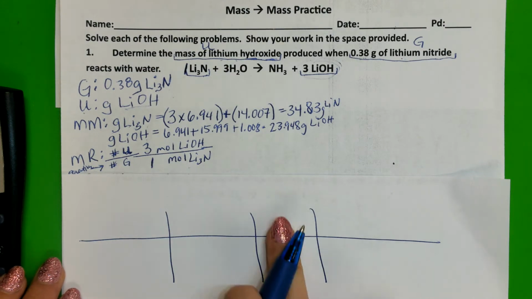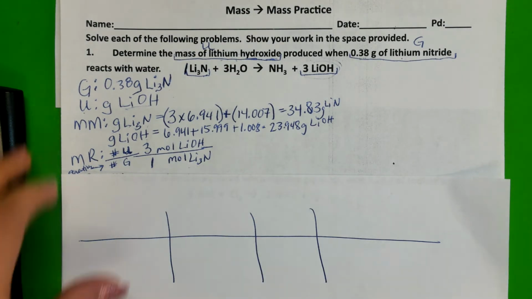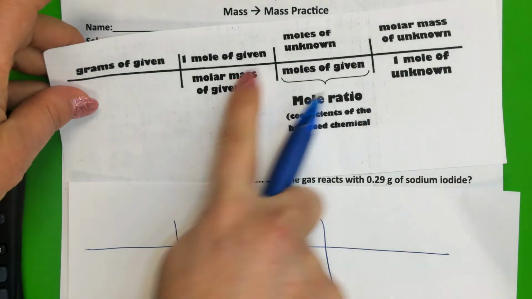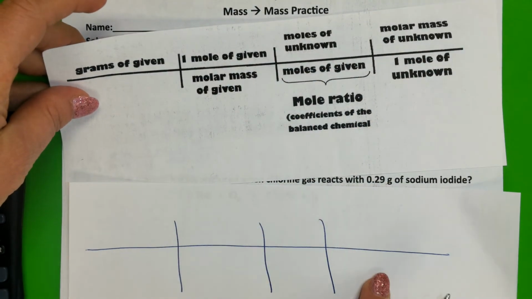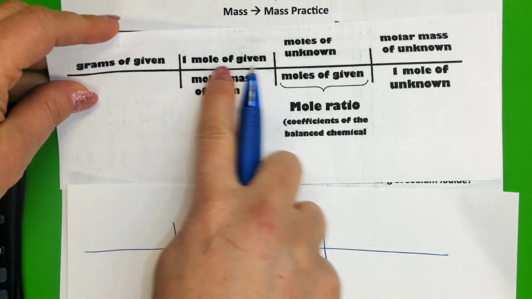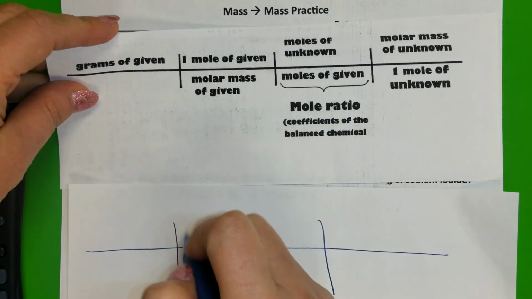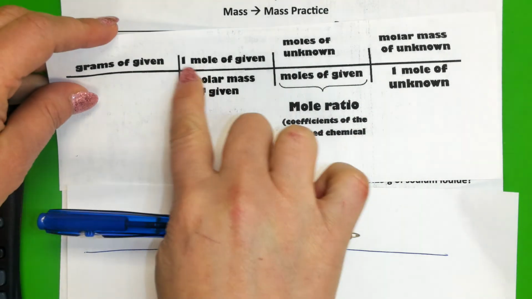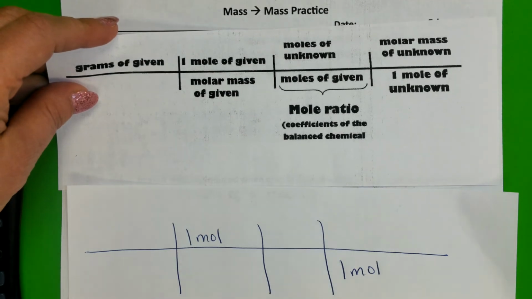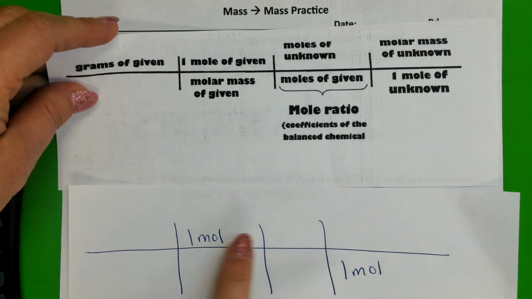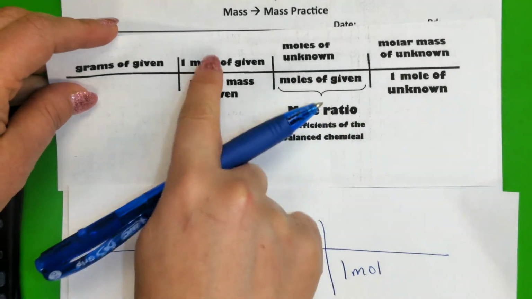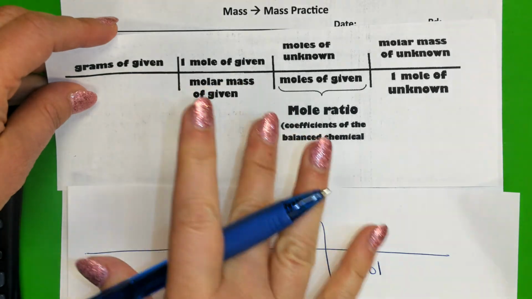So as you could see, it's going to be 4 columns. Right off the bat, you could even put 1 mole already here and 1 mole over here, because those are obviously going to be your molar masses, and molar masses are always going to be equal to 1 mole, at least on these problems.